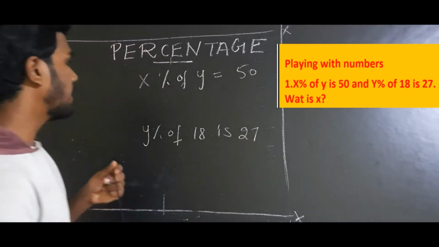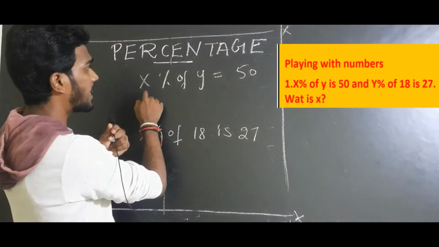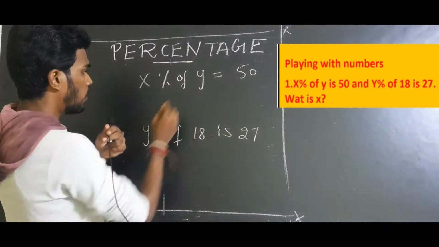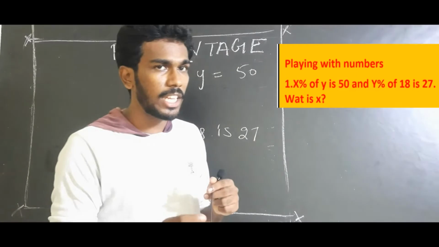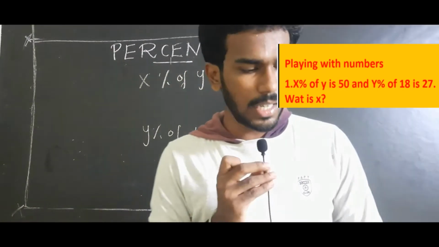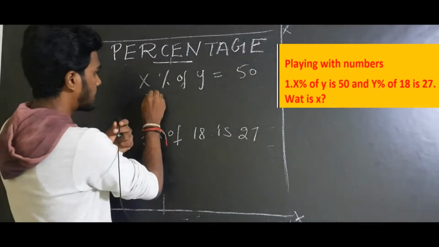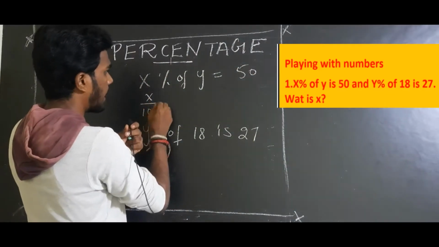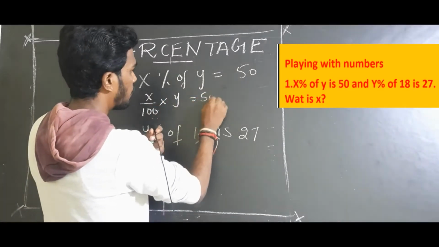Anything that comes under the term percentage should be divided by 100. So x divided by 100, into y, will give you 50.